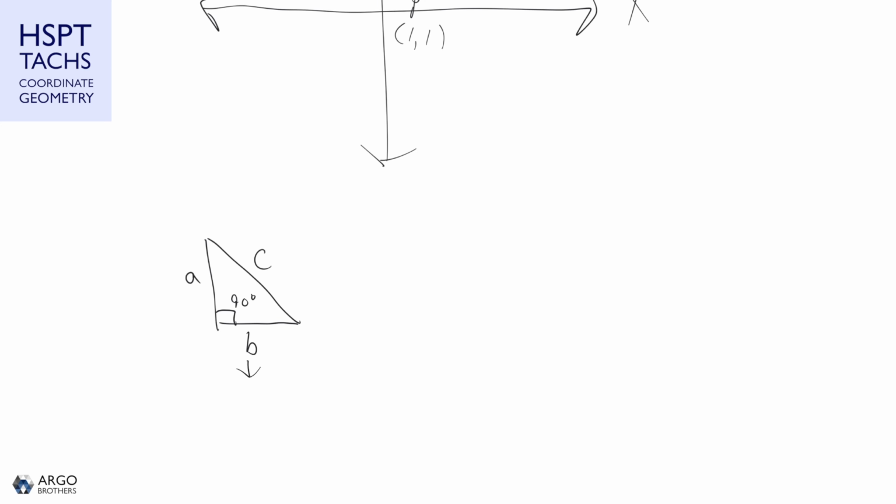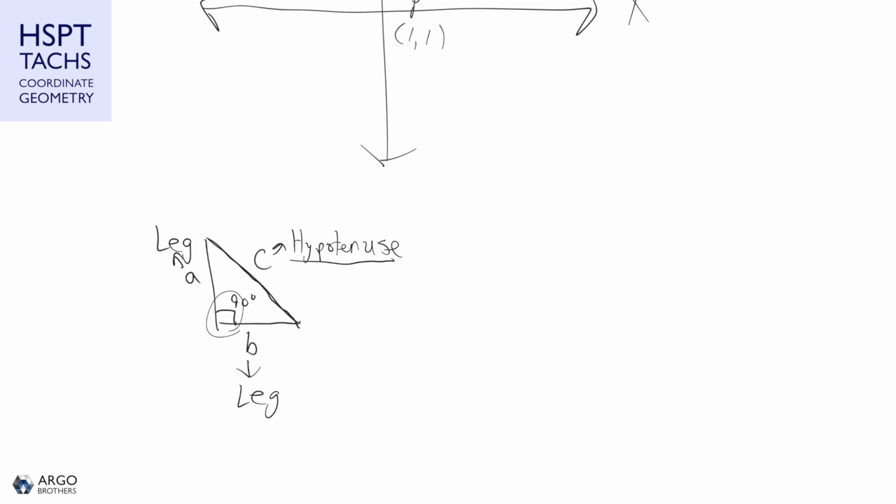B is a length called the leg, and this is also a leg, but this C, which is the longest length, of course, is called the hypotenuse. Okay, and this distance, called the hypotenuse, is opposite the 90-degree angle.